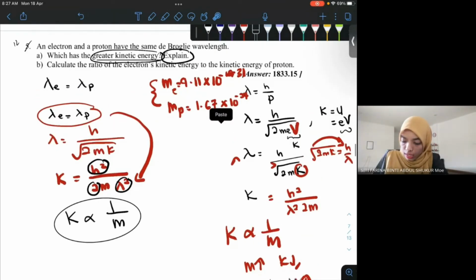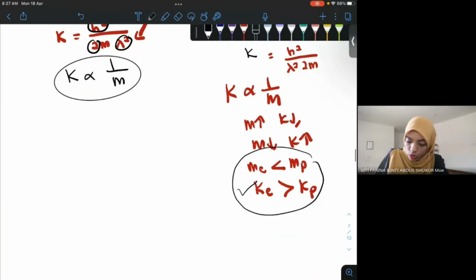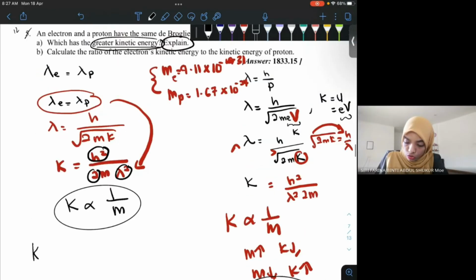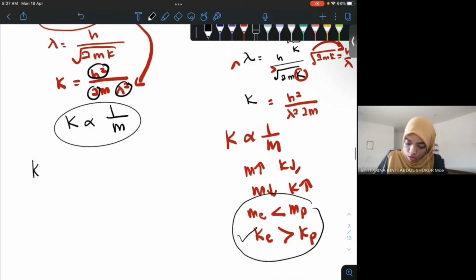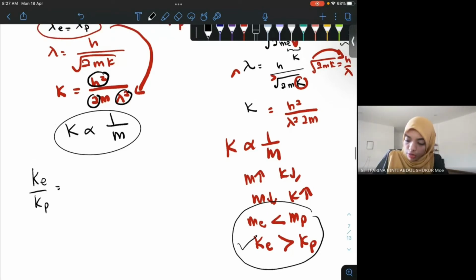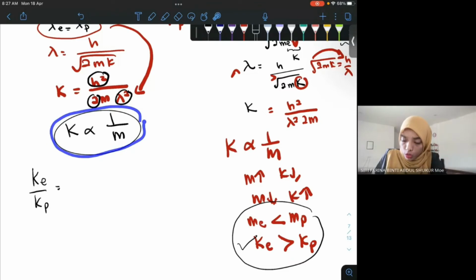Next, this will calculate the ratio of the electron's kinetic energy to the kinetic energy of the proton. So kita nak ratio of kinetic energy of electron to the proton. Macam tadi kita tengok, you have deduced this relationship where your K is inversely proportional to your mass.